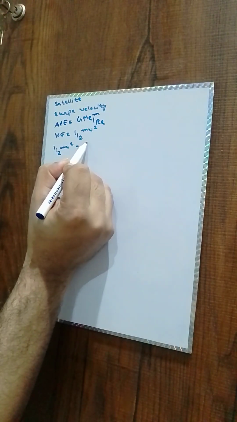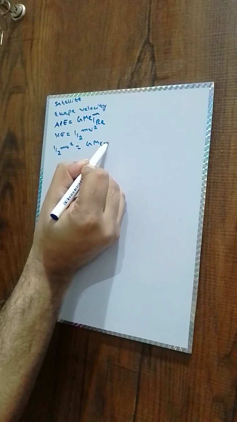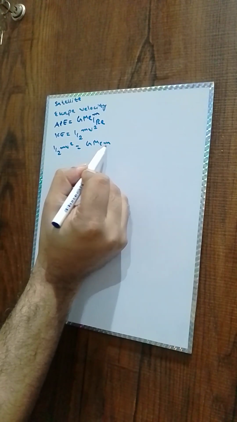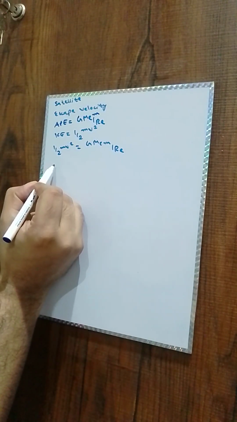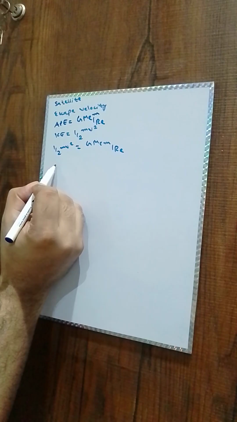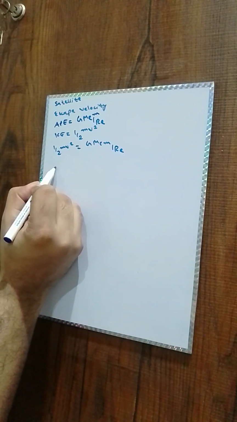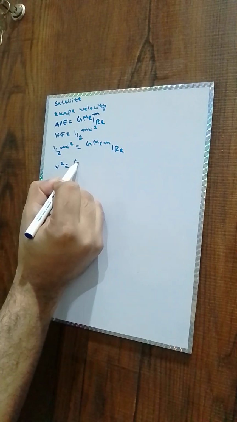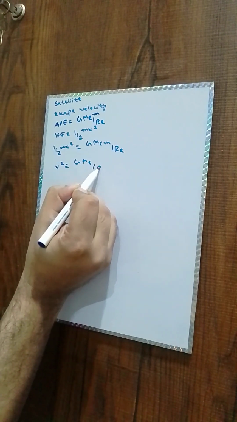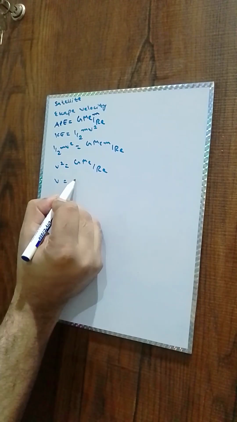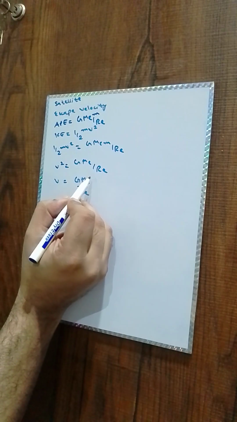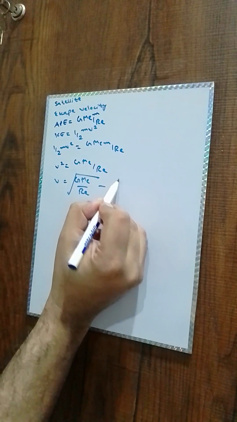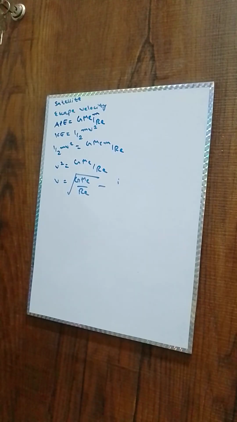Half mv square is equal to G Me m by Re. m cancels out with m on the other side, so v square is equal to G Me by Re. So v is equal to the square root of G Me by Re. So this is the first thing here.